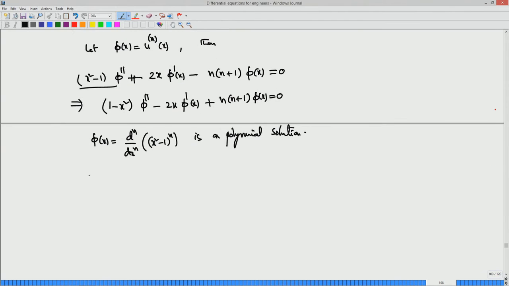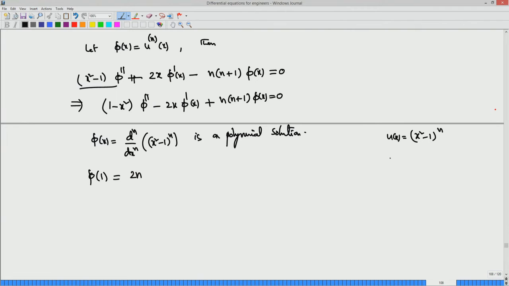And if I fix this value phi 1, what is the phi 1? If you directly calculate phi 1, the n derivatives, you can see that this is a polynomial of degree 2n. u of x is actually (x^2 - 1)^n.